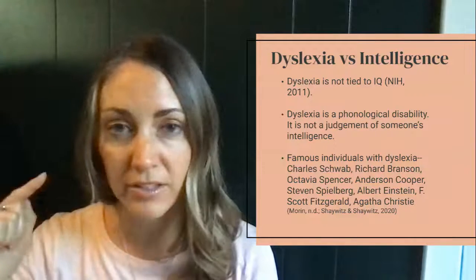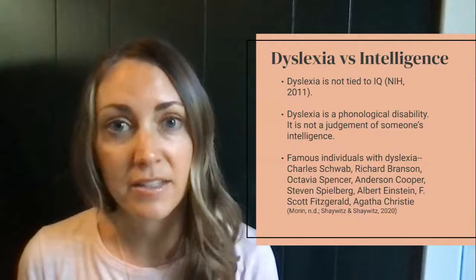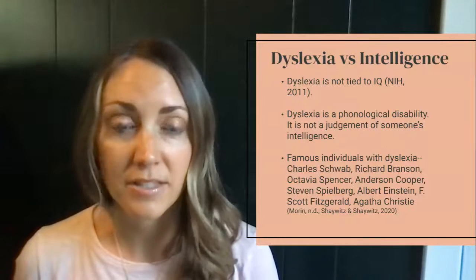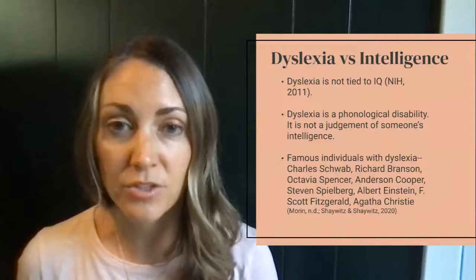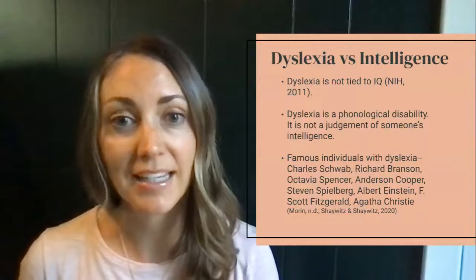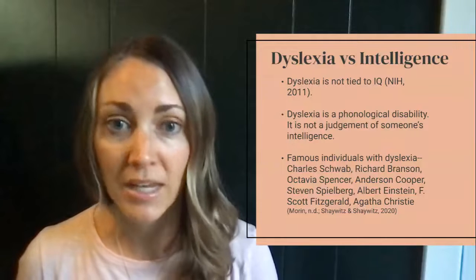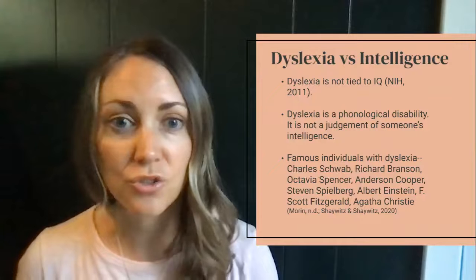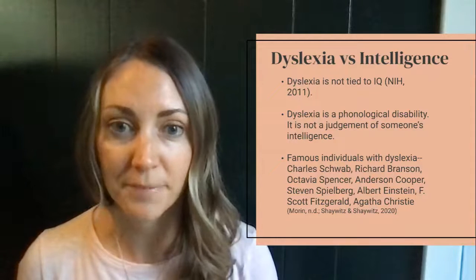It is strictly phonology. It does not affect the intelligence of the individual who has dyslexia. There has been a study by the National Institutes of Health in 2011 that showed dyslexia is not tied to IQ. It is not at all a judgment of a person's intelligence. It strictly is a phonological disability.